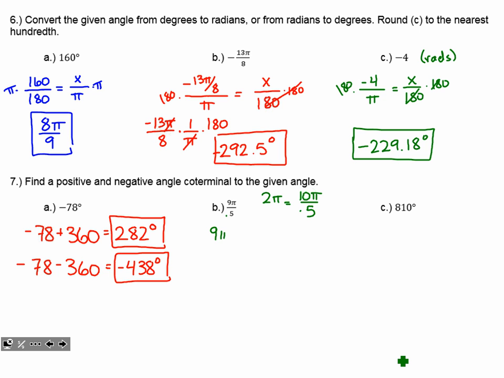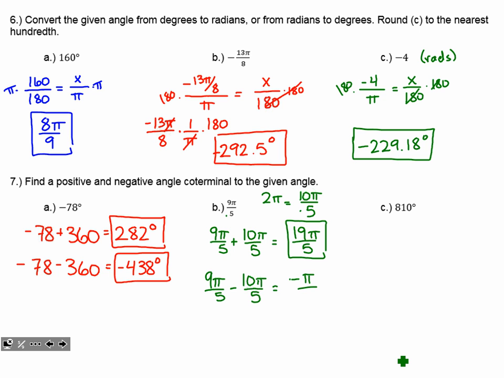So I'm taking my 9 pi over 5 plus 10 pi over 5. I get a positive coterminal angle of 19 pi over 5. And if I take that 9 pi over 5 and subtract 10 pi over 5, a full circle, I get negative 1 pi over 5.